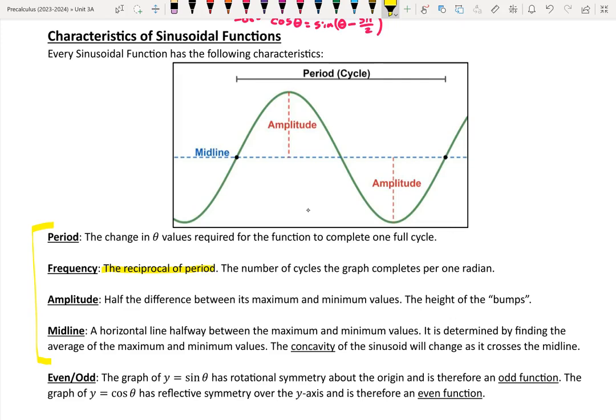So the smaller the period, the higher the frequency, actually. But we'll talk about that more later. Really, what you need to know now is the frequency is the reciprocal of the period.